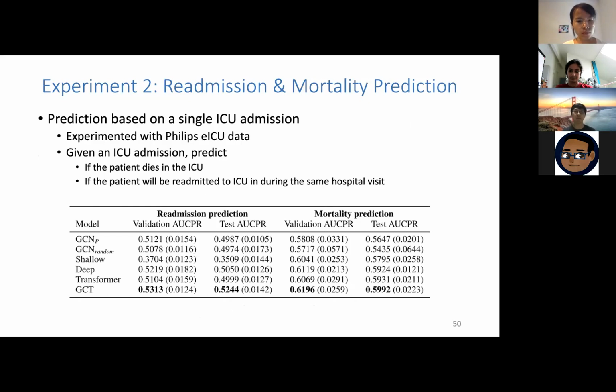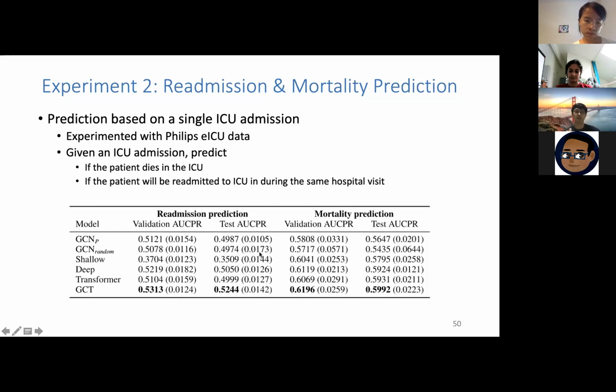So we tested them out on the real world data set eICU, and we did 2 prediction tests, which are readmission prediction and mortality prediction. For readmission prediction, GCT did outperform all the other models by some margin, but for mortality prediction, not so much. You can see that the prediction performance for GCT, deep and transformer are all more or less the same.